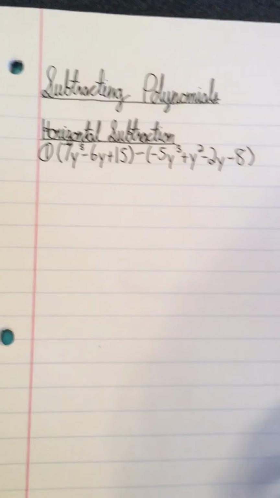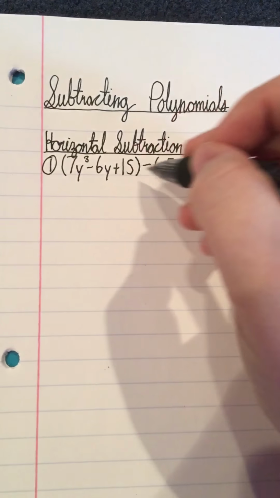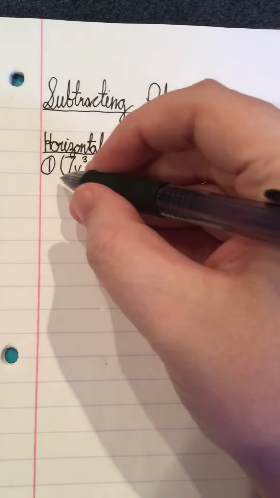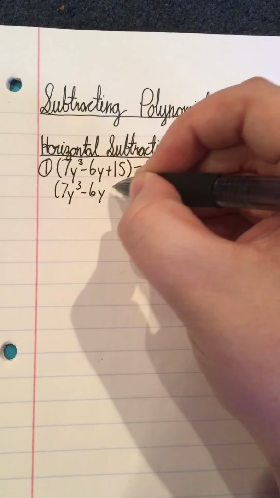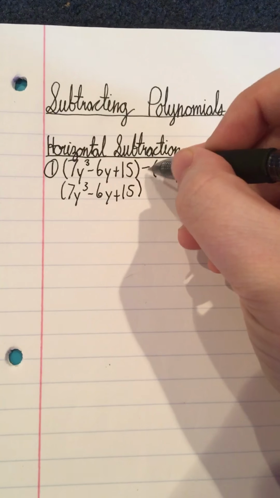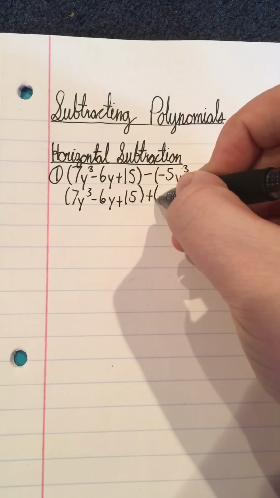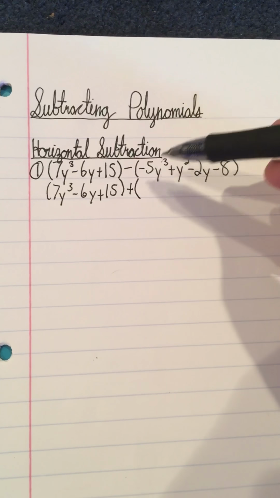So what we can do is rewrite this to make it addition by keeping the same first polynomial, changing this subtraction to an addition, and then changing each of the signs of this polynomial.